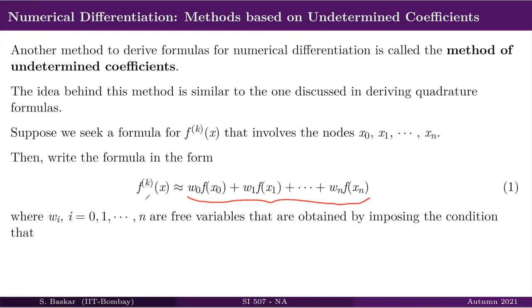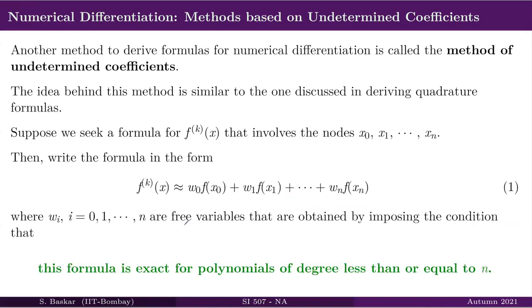That is, we want the approximation of the kth derivative of f in the form w0 f of x0 plus w1 f of x1 and so on till wn f of xn, where wi's are the weights or the free variables that are to be obtained by imposing the condition that this formula is exact if f happens to be a polynomial of degree less than or equal to n, right? This idea is the same as what we did with the quadrature formula.